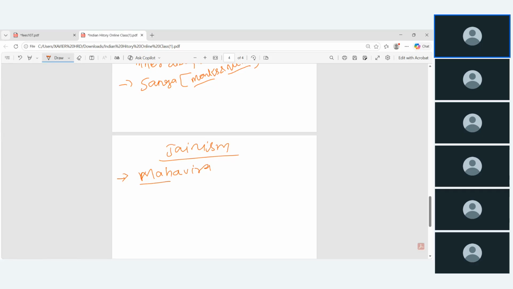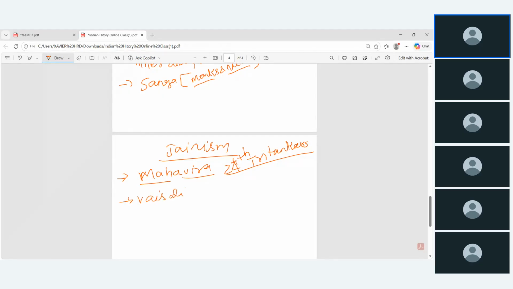Mahavira means a great hero. He was the 24th Tirthankara, and he was born in Vaishali.